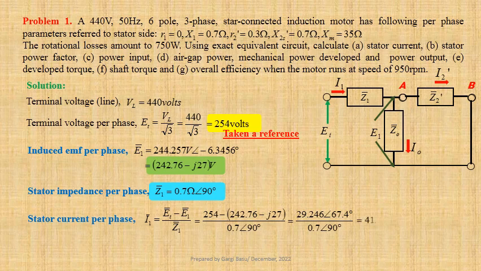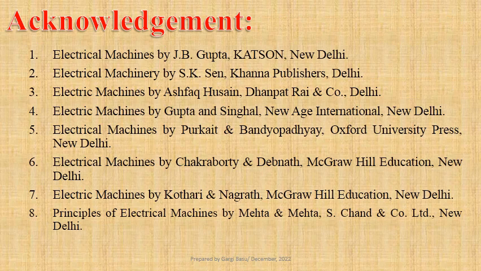That gives us 41.78 ampere at an angle minus 22.6 degree. So today we have solved one numerical problem on three-phase induction motors.